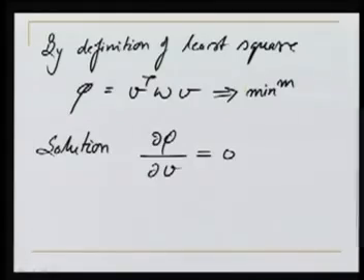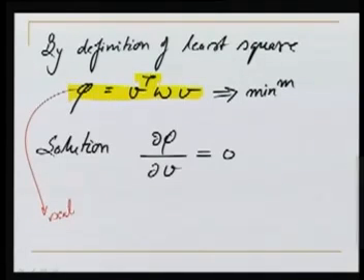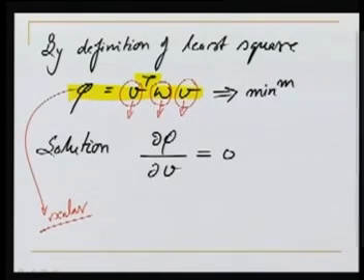Fine. We know the least square method. How do we apply it? As you can see over here, phi is V transpose W V, and phi is a scalar here, while these are matrices. W is for weight, V is for residual, and we make this minimum.